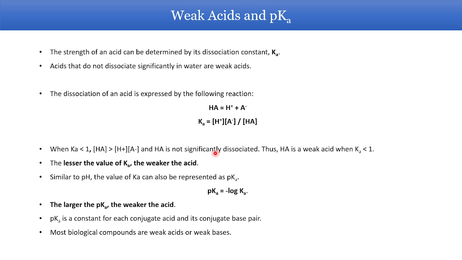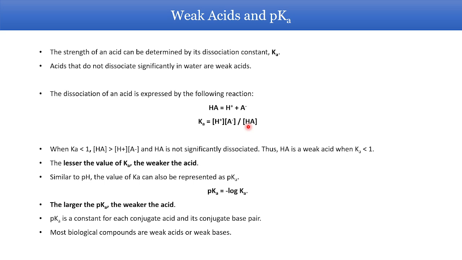Right, so the dissociation of an acid can be expressed as HA, with a reversible arrow, giving H plus and A minus, and your dissociation constant Ka is equal to the H plus ion concentration multiplied by the A minus ion concentration, that is the multiplication of the concentrations of the products, divided by the concentration of the reactant.